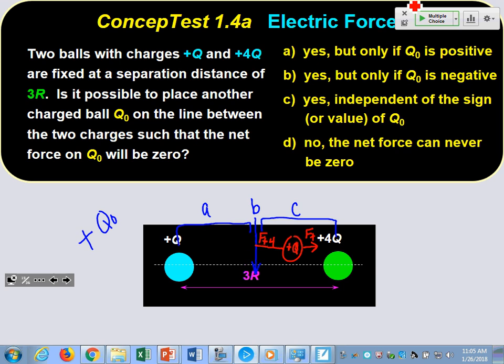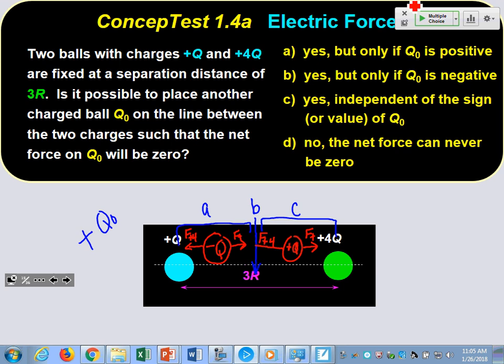So imagine if I have a negative charge, then the force due to positive Q is going to be in this direction, and the force due to positive 4Q is going to be in this direction. They'll just be flipped, opposite the direction they were. But I still want this negative charge to be far away from the big charge, so that this force is diminished and equal then to this force.